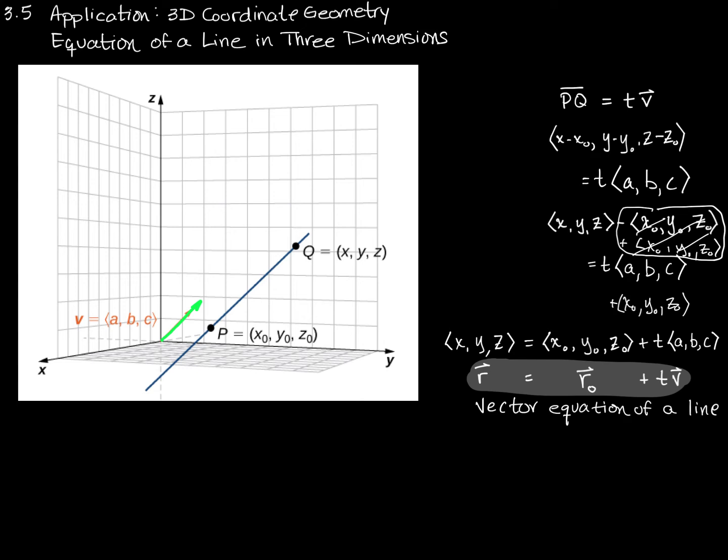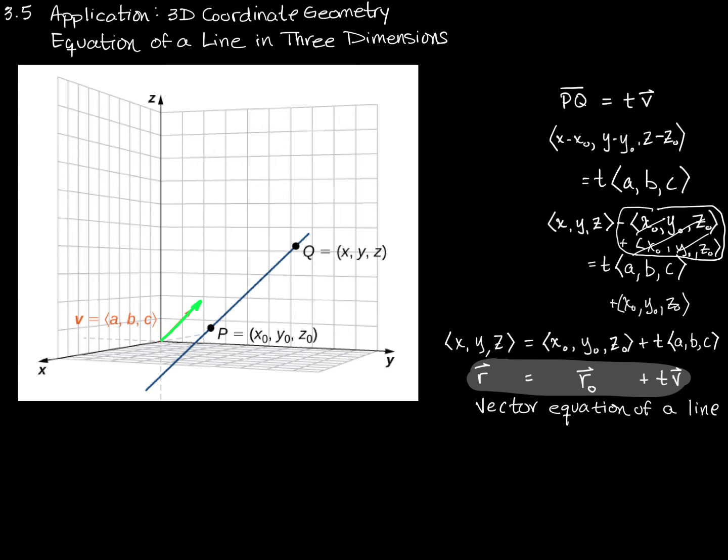What's interesting about this is if we go back a step, maybe even two steps, if we go back up to, oh gosh, maybe all the way up here, you can see that component by component, in order for this equation to be true at any step along the way, the components have to match. So if I multiply t through the vector a, b, c, then I'm going to get ta, comma, tb, comma, tc.